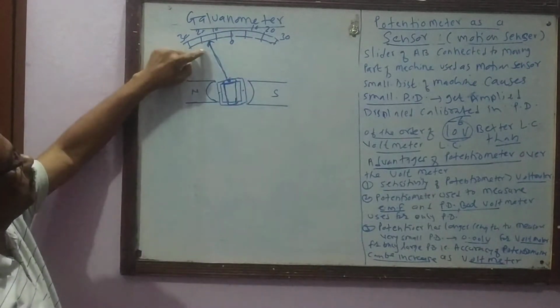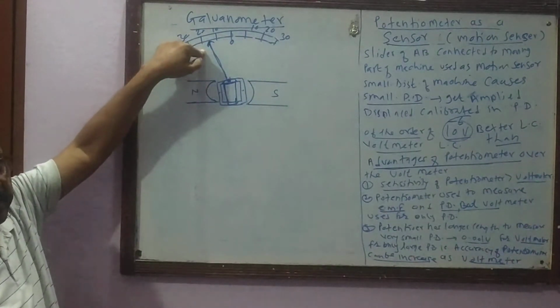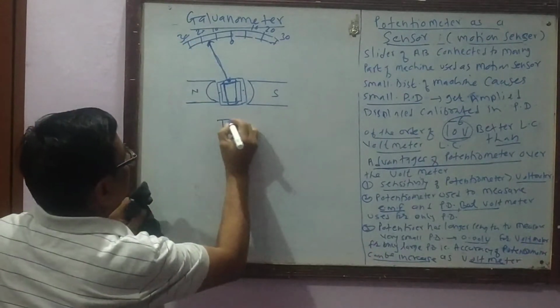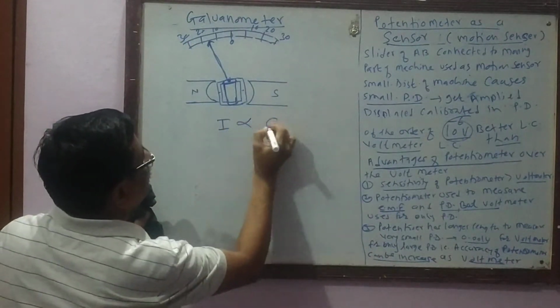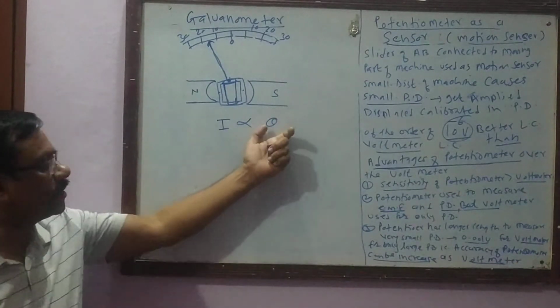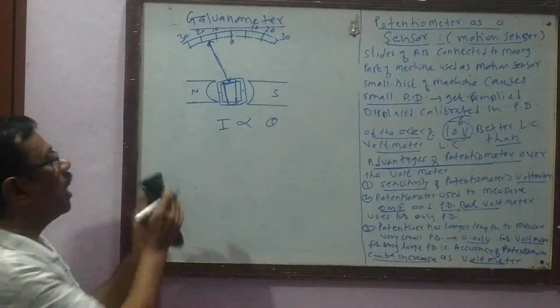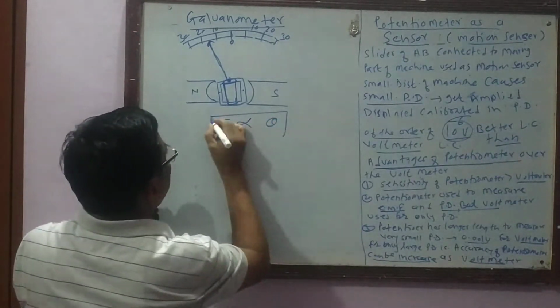The current flowing through the coil is directly proportional to the deflection. As the current increases, deflection increases. I is proportional to theta. This is the principle of working.